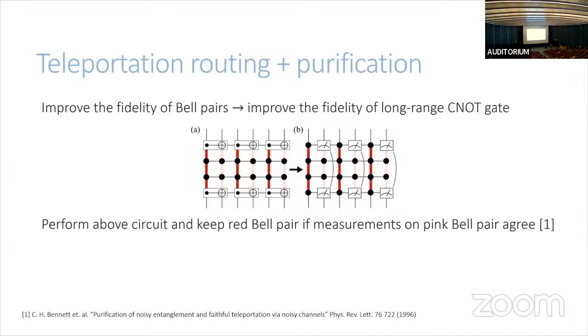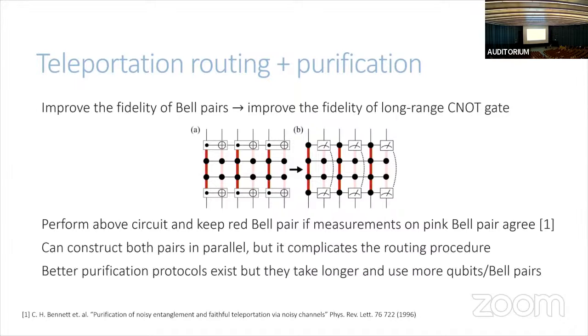And if you use it in the gate teleportation scheme, then your CNOT gate has a higher fidelity. So using the previous algorithm, we can do routing, including this donor Bell pair in much the same way as before, but it complicates it, obviously. I'd like to note that better purification protocols than this exist, but they take longer and use more qubits and Bell pairs.